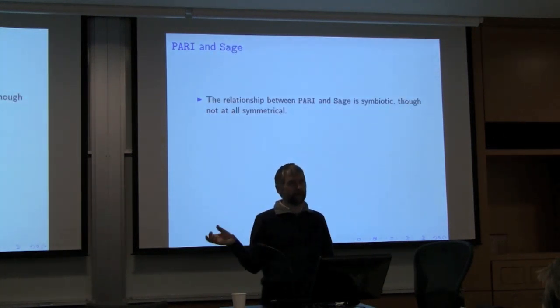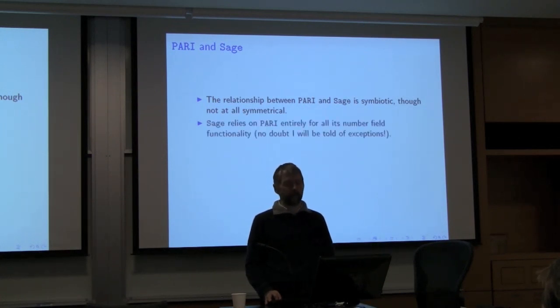So I think the relationship between these two, they're doing different things, and it's a symbiotic relationship. I think each one benefits from the other. It's not a symmetrical one. Obviously, Sage is much bigger because it includes PARI. I said that it relied on PARI entirely for all its number field functionality. I think there are probably some exceptions to that, maybe for quadratic fields, but it's essentially true.